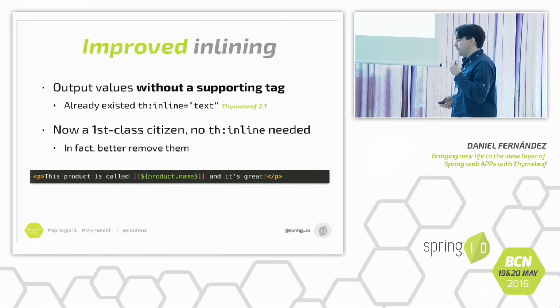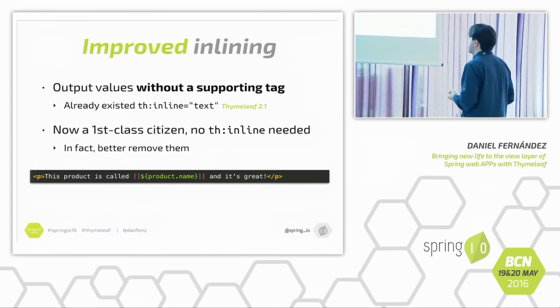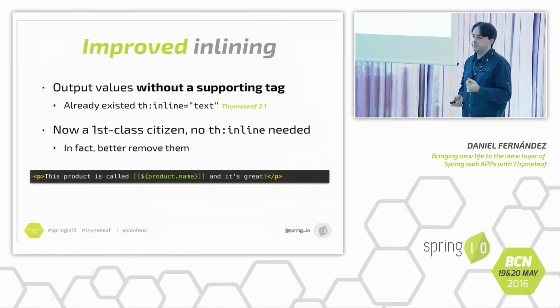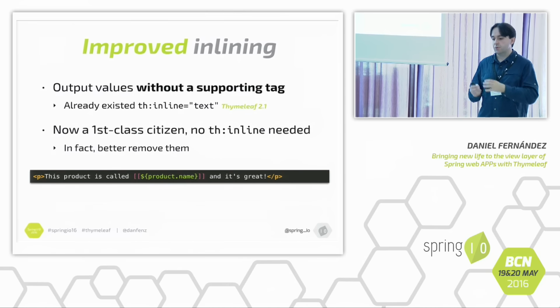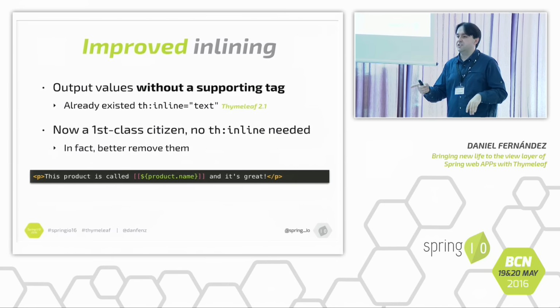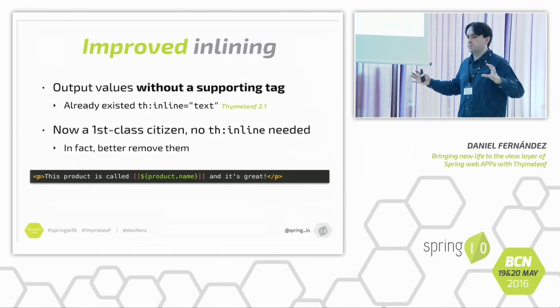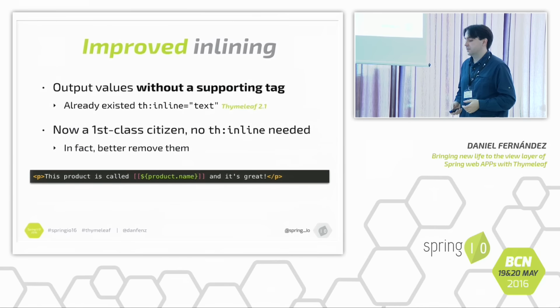Okay, but until Thymeleaf 2.1, in order to have inlining you had to specifically enable it by adding an attribute somewhere in the containing tags called th:inline with value text. That made Thymeleaf scan all the text nodes, all the bodies of the tags, and look for those double bracket structures, and output the results of those expressions.